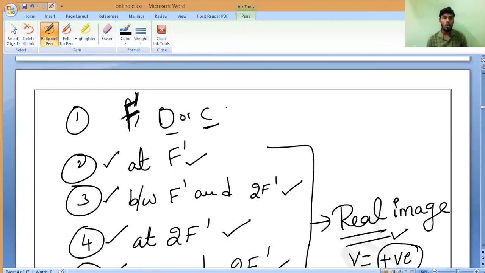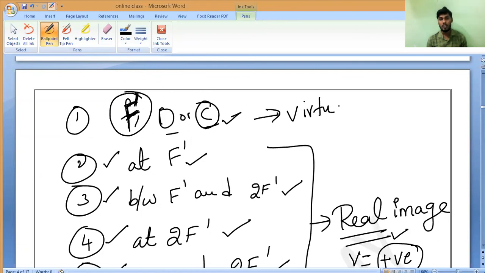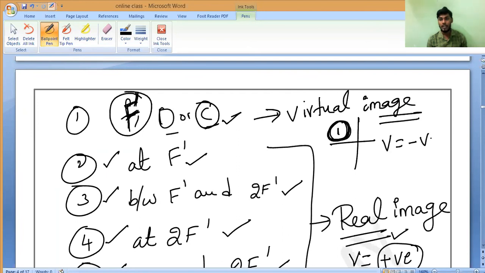Only in case 1 alone, between F dash and C, it will form a virtual image. Negative. Everybody should communicate. Communication only will give response. Then only you can improve in the light chapter. Virtual image. So what is the coordinate of this virtual image? First coordinate. So always V is negative. This alone is minus, remaining all are plus.